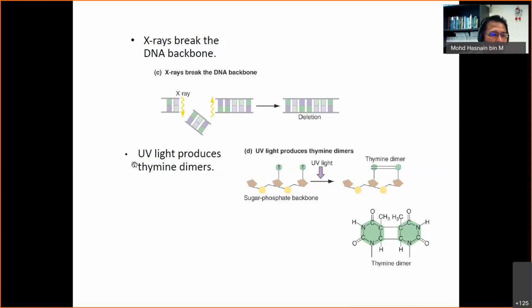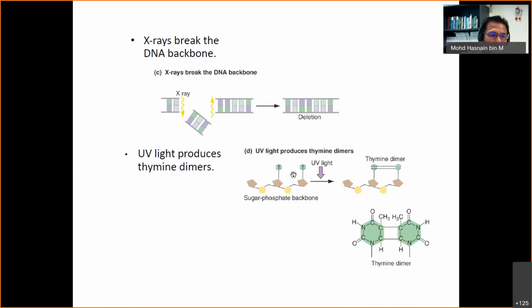Okay, and then UV light sometimes can also produce a dimer. For a dimer, you imagine when two adjacent thymines form additional bonding. Usually, with the sugar phosphate backbone, you have another strand over here, and they only form a hydrogen bonding between this nitrogenous base and the other one, right?